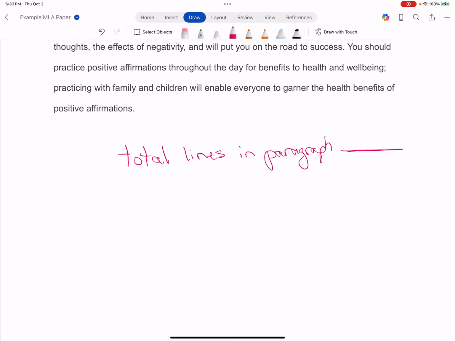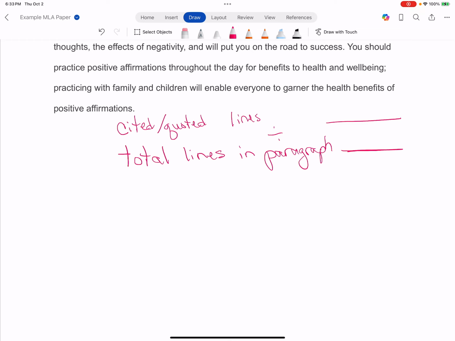Put that there. Then the cited lines, or the quoted, put here. So it is the cited divided by the total.